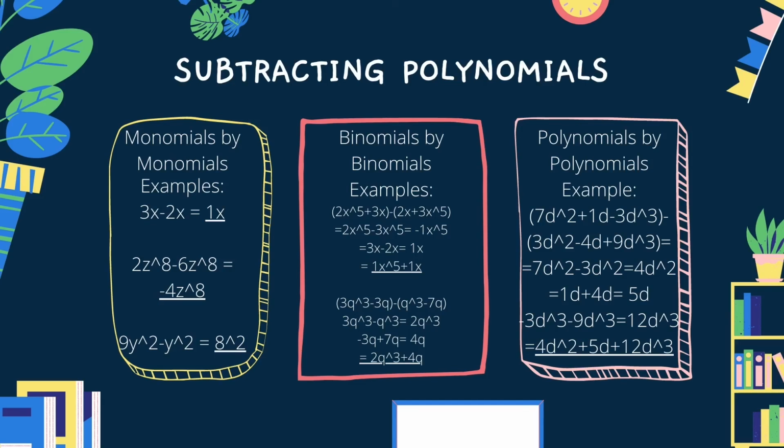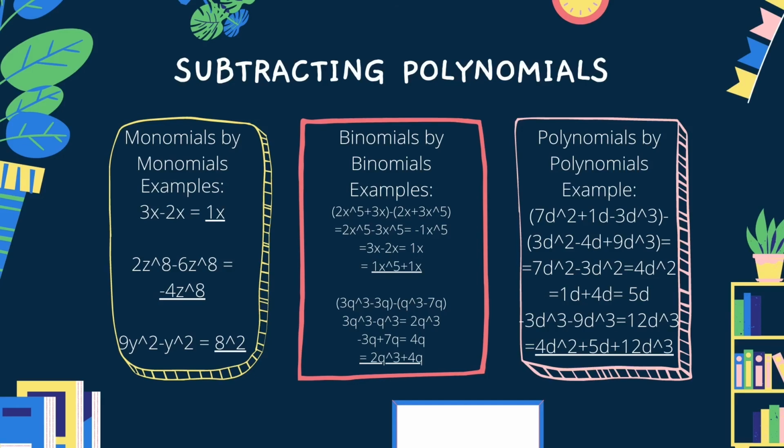Then last but not least, polynomials by polynomials. Example is 7d squared plus 1d minus 3d cubed, minus 3d squared minus 4d plus 9d cubed. Let's look for the like terms. 7d squared minus 3d squared, that is 4d squared.